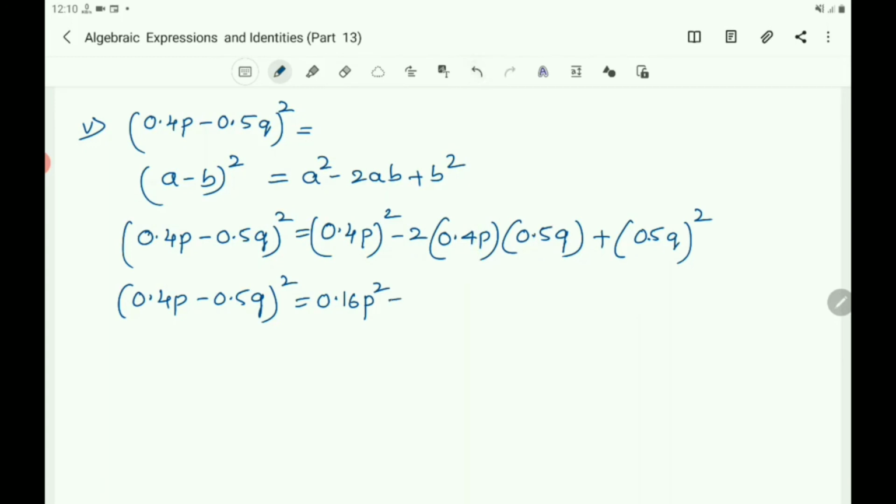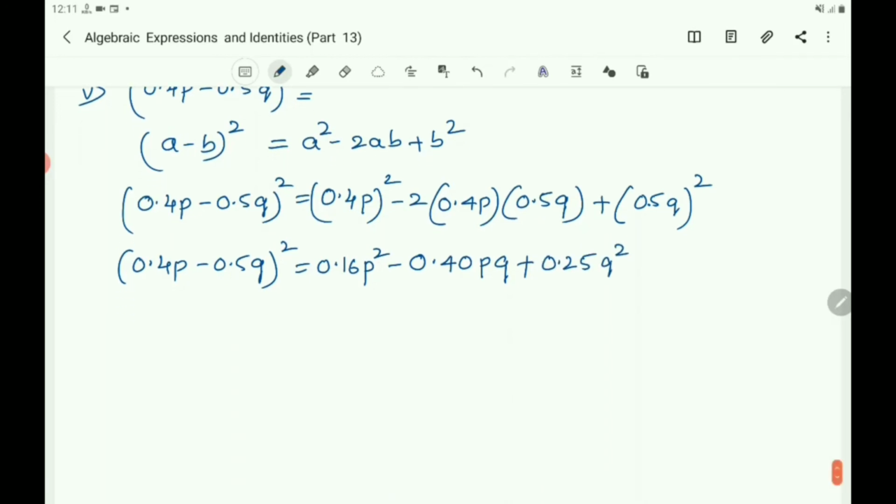So it becomes minus 0.40pq plus 0.5 whole square, 5 square is 25, so 0.5 whole square is 0.25 q square. So the expansion of 0.4p minus 0.5q whole square is 0.16p square minus 0.40pq plus 0.25q square.